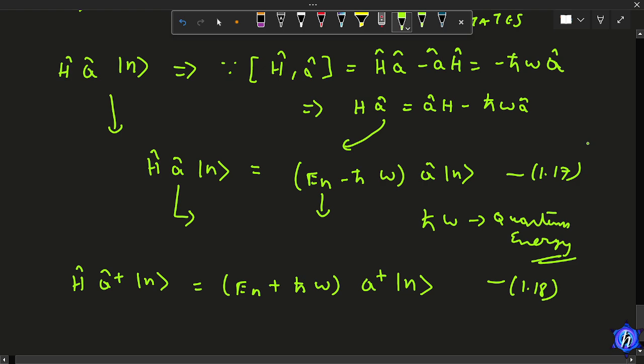So the operator A†, which we call the creation operator, creates a quantum of energy. Now I think you understand why it's called the creation and annihilation operator. The A operator acts on this eigenstate and reduces the state by a quantum of energy, an amount ħω. A† creates a quantum of energy.